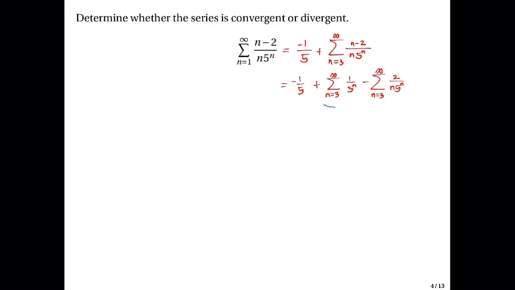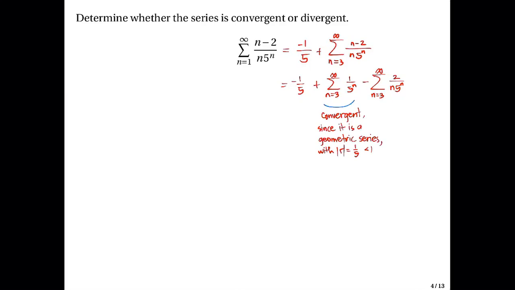For this, you can say this is convergent because it is a geometric series with r equals 1 over 5, which is less than 1.